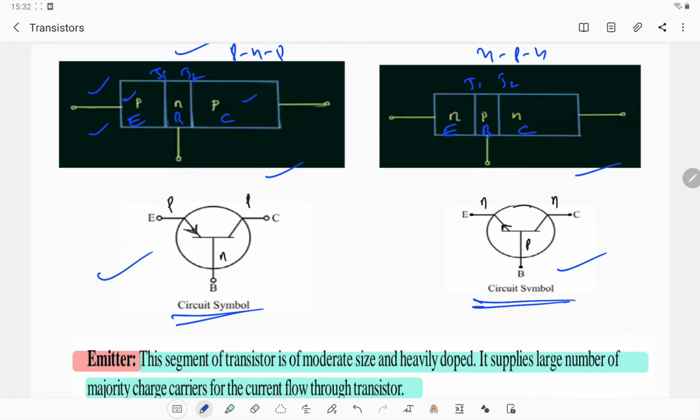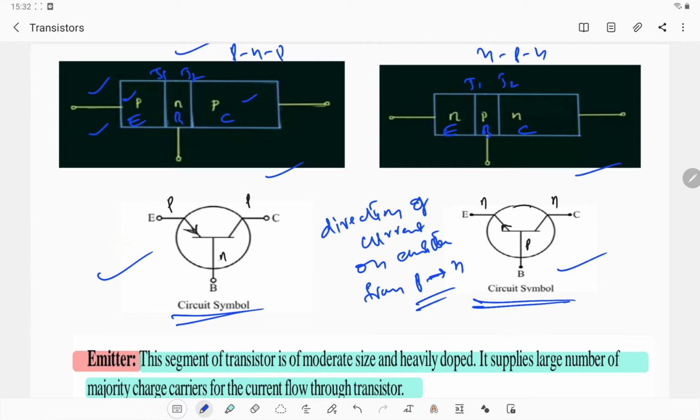So here the difference is in the direction of current. If any transistor is given, we have to indicate the direction of current on the emitter from P side to N side.